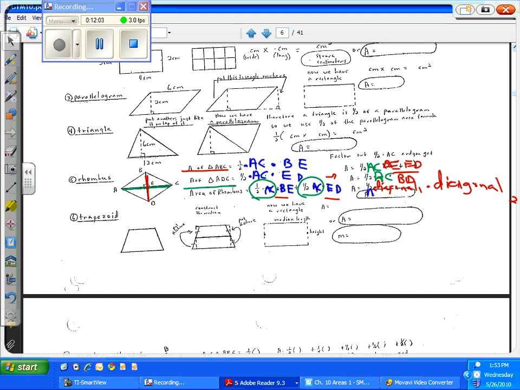So the formula for area of a rhombus is 1/2 diagonal 1 times diagonal 2.